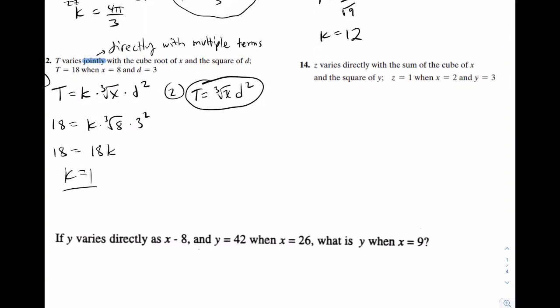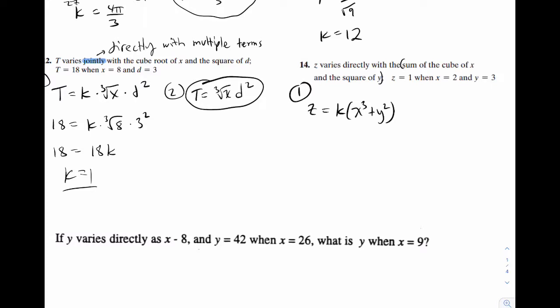We'll do one more of these. Z varies directly, so z equals, and we put a constant down. If it says the sum of the cube of x and the square of y, as soon as you see this with the sum, you really got to think, hey, there's a parentheses there, because that means you're going to put those two things together. So we're going to put x cubed plus y squared. That's how you write this out. So there's step 1.